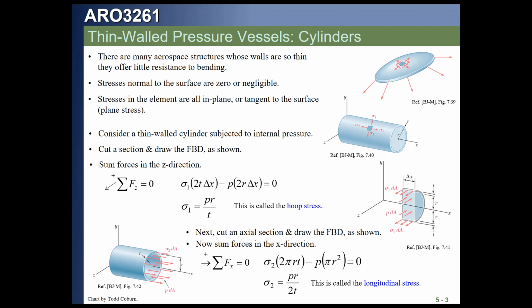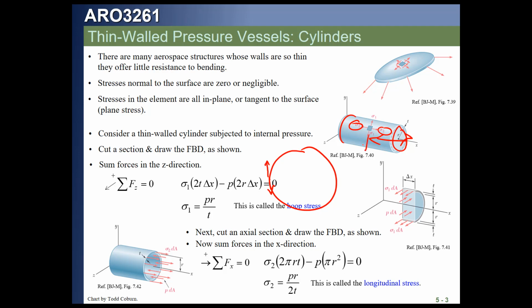The hoop stress acts to hold the two halves of the cylinder together, and the longitudinal stress keeps it from blowing the ends off. Because this has capped ends, it develops the longitudinal stress in this direction, and because of the internal pressure, it has this pressure trying to split it apart.